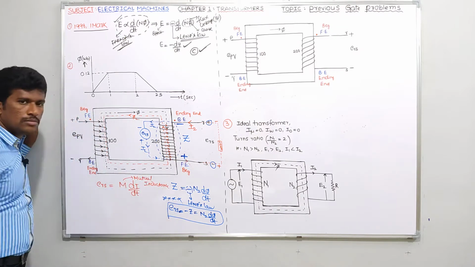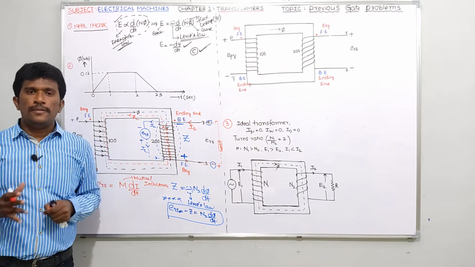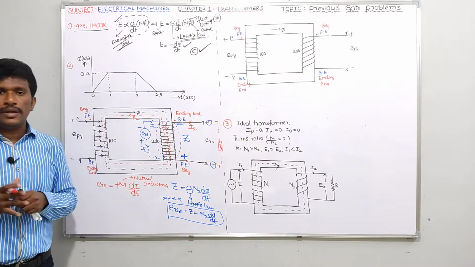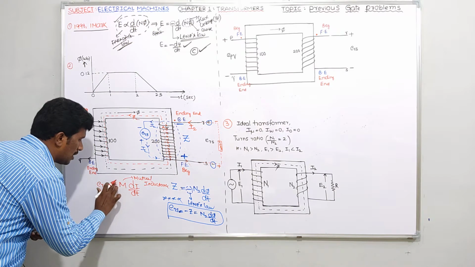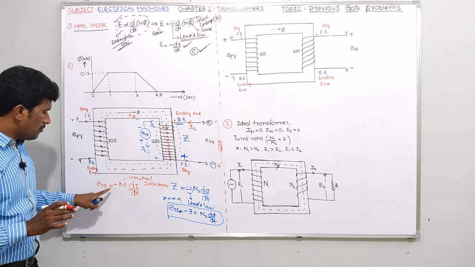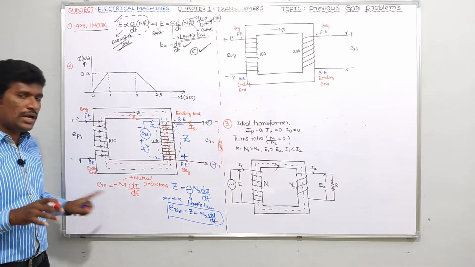This you might also know. For a positive type of coupling, M will be positive. For a negative type of coupling, M will be negative. This was already discussed in the types of magnetic coupling. Please try to refer to that once.